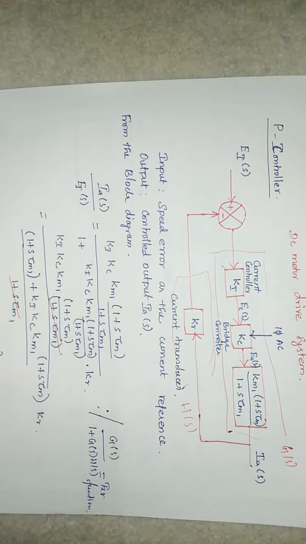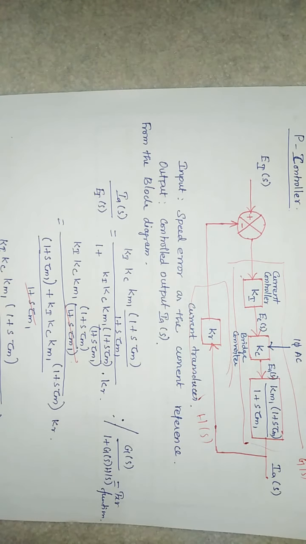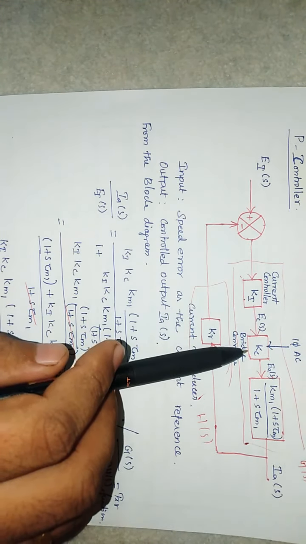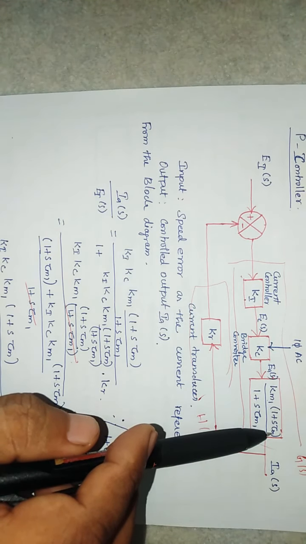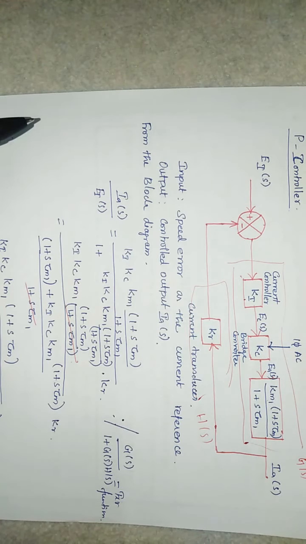If we substitute G(s) and H(s) in this equation, G(s) is nothing but Ki Kc Km1 into (1 plus s tau m1) divided by (1 plus s tau m1), whereas H(s) we can take as Kr.